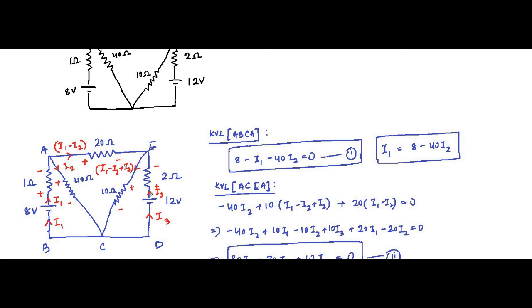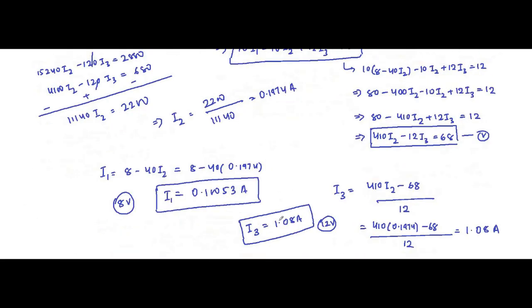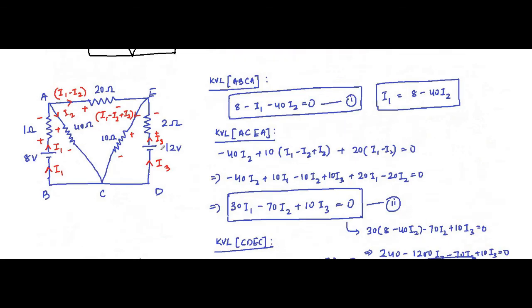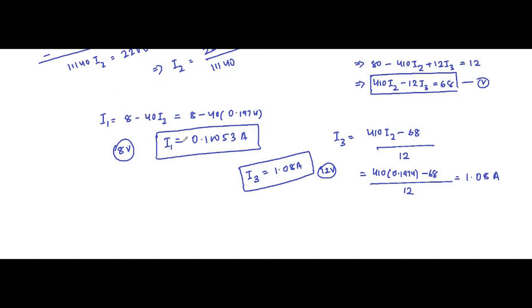Now by mistake, if you assign it in the opposite direction, then in place of I1 and I3 the values will be negative, minus 0.1005 ampere and minus 1.08 ampere. It means the magnitude is alright, only the direction which we have assigned is wrong. So you just need to rectify it there.